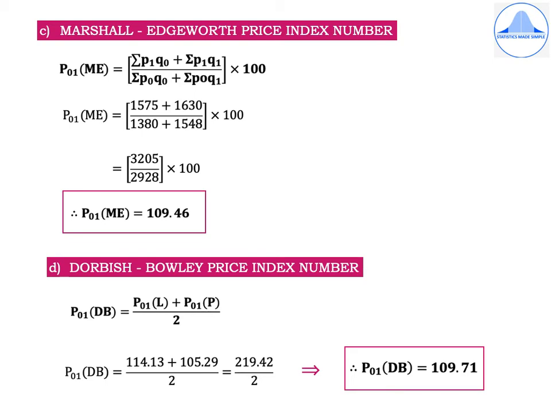Fourth subdivision, Dorbish-Bowley price index number P01 of DB is equal to P01 of L plus P01 of P divided by 2, which is equal to 114.13 plus 105.29 divided by 2, which is equal to 219.42 divided by 2, or P01 of DB is 109.71.